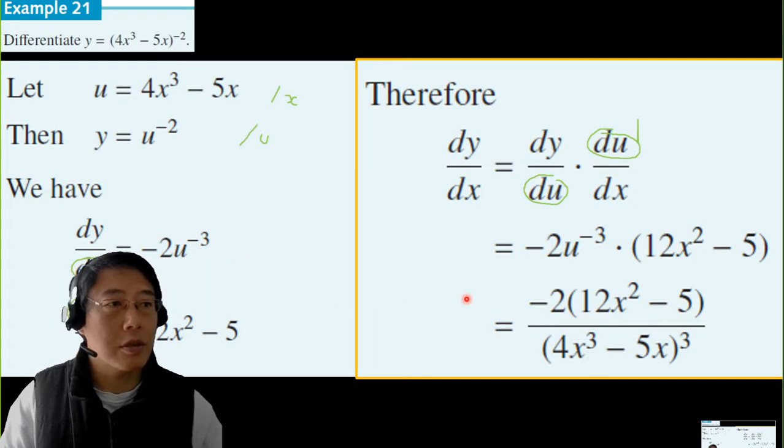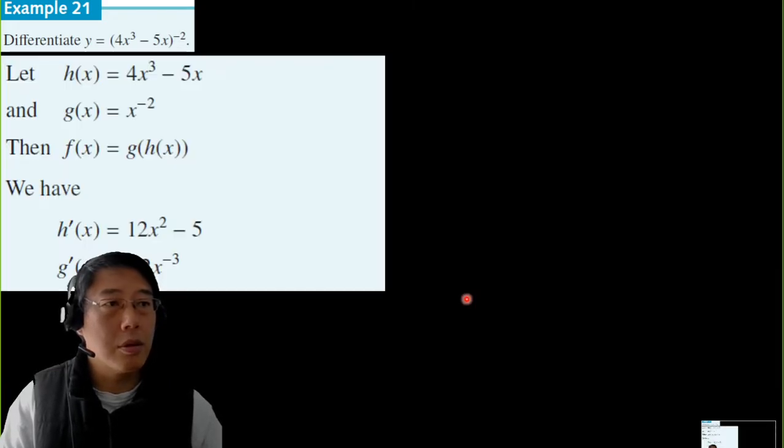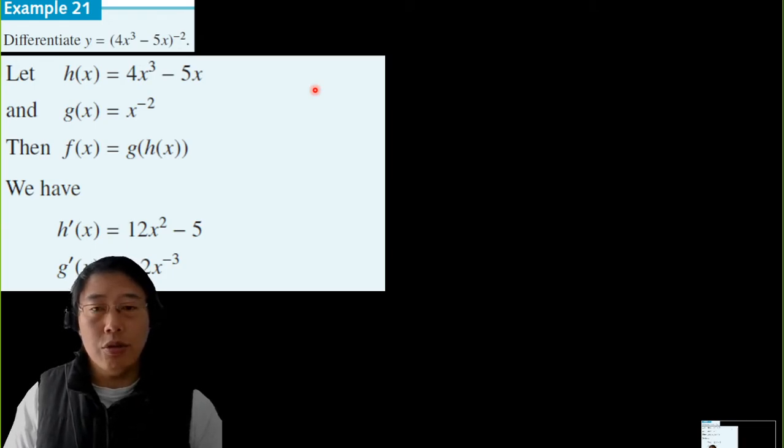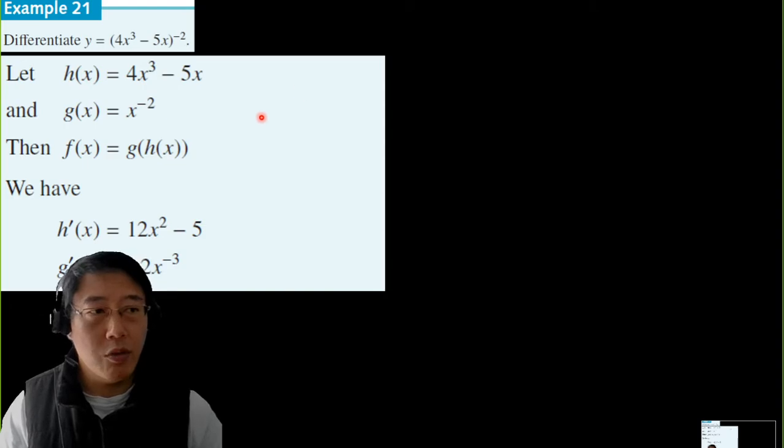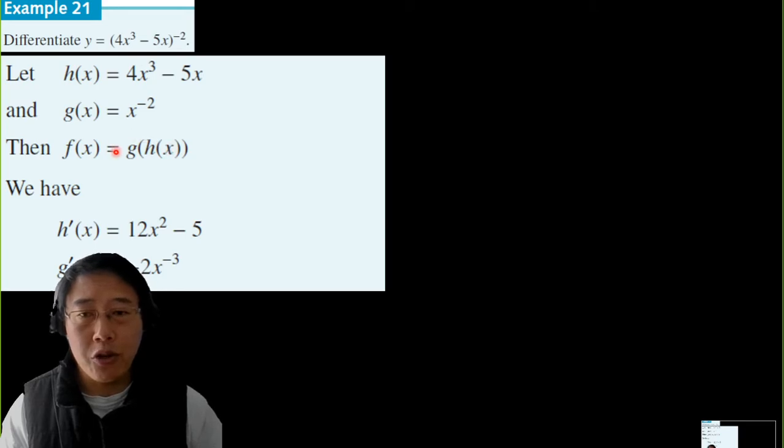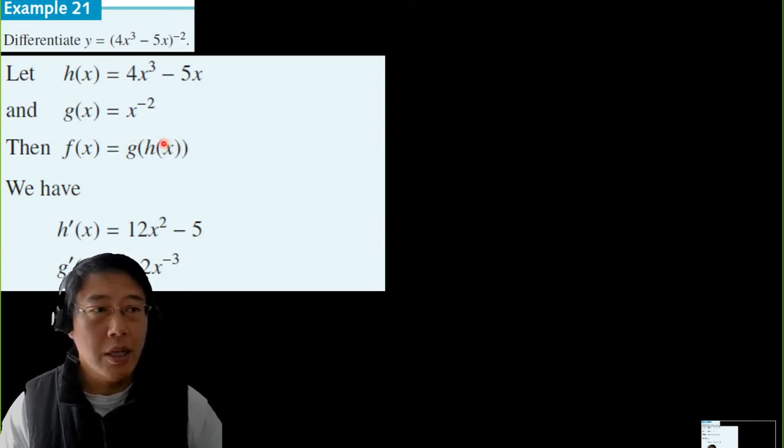Okay, so we'll still use the same function where we use a different kind of substitution. So you have your first and second function. Here they will use different letters. So function f, which is my y, is g of h. H is the first function. So you have two functions in terms of x. You define h and g.